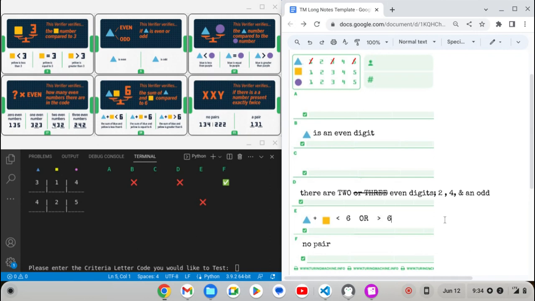Okay, so what that means, there's actually another small aha moment in that since it's not 6, we know square has to be odd. So that is very important, and we'll say that circle is even.